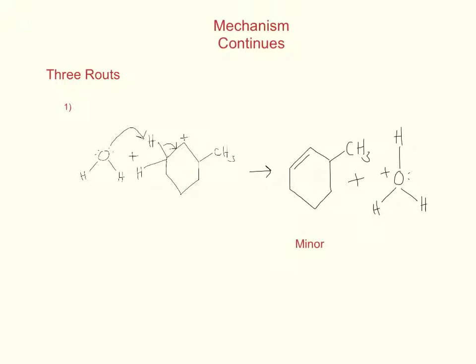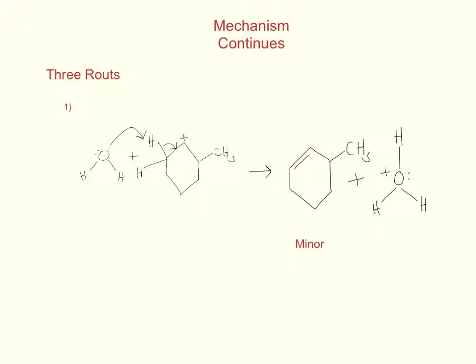So here we have the less likely route that the mechanism will take, because it will yield the minor product. Water is going to act as a base and remove that hydrogen, which then forms a double bond here.